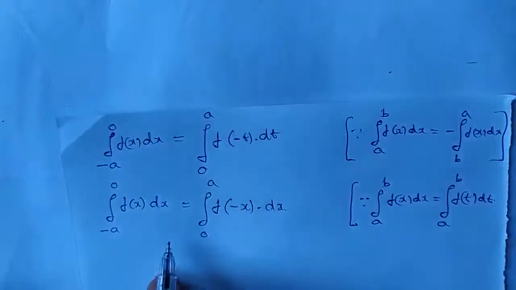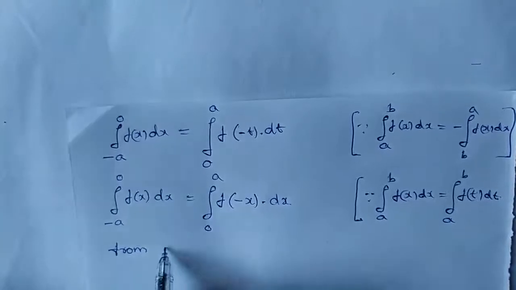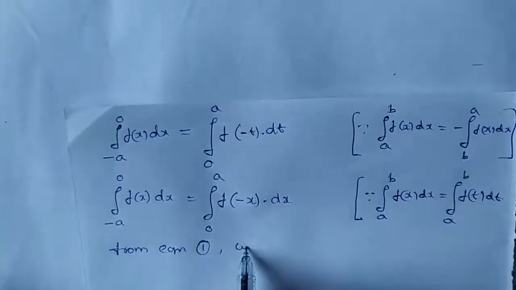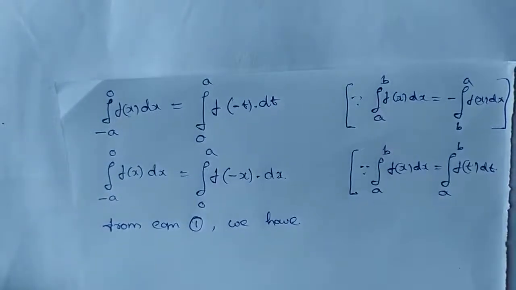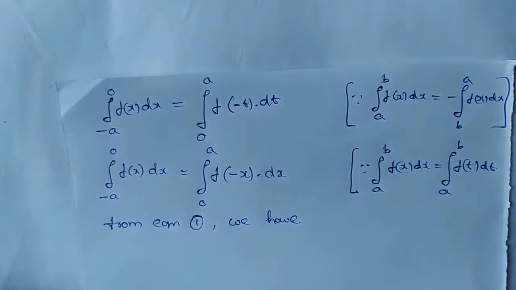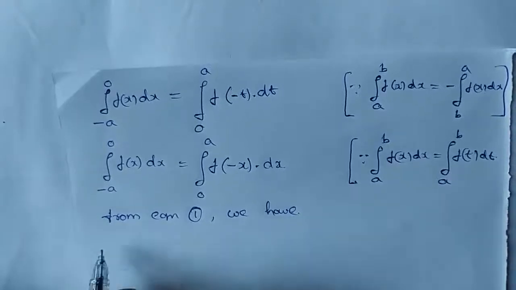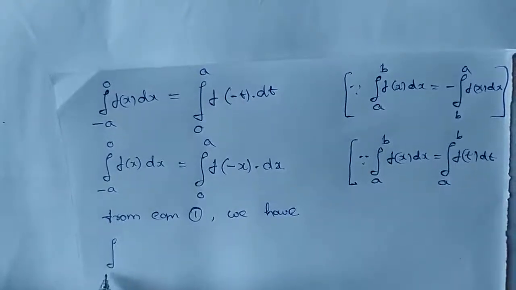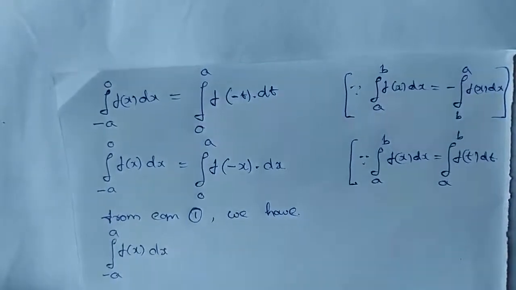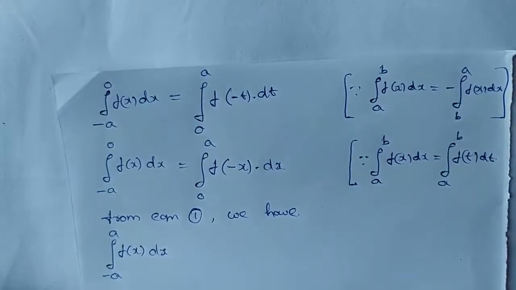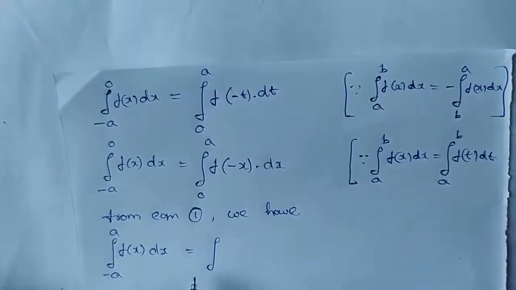Now let us substitute this integration in the first equation, from equation 1. You just see the starting step of this proof. We have considered that integration of minus a to a f of x dx equals integration of minus a to 0 that we have taken.